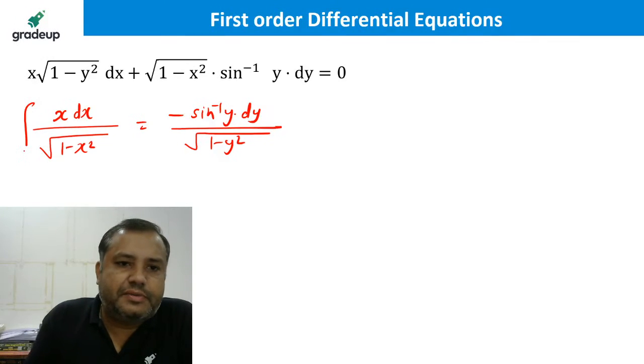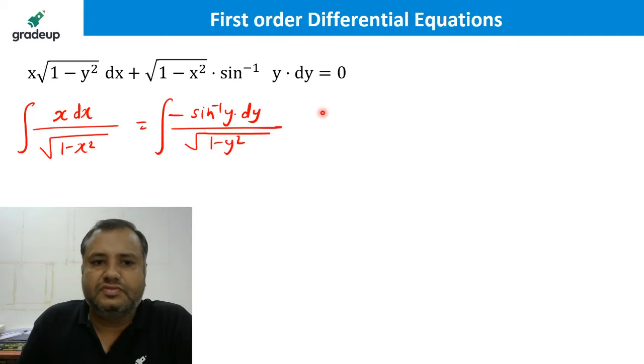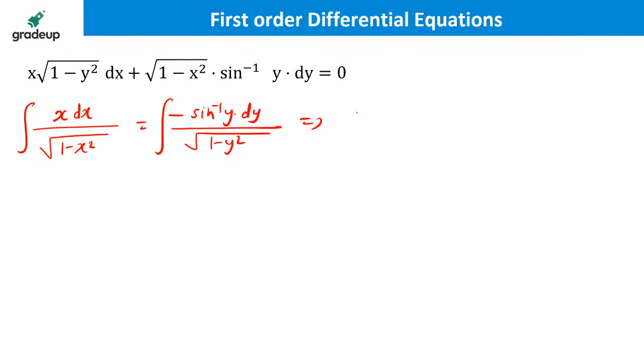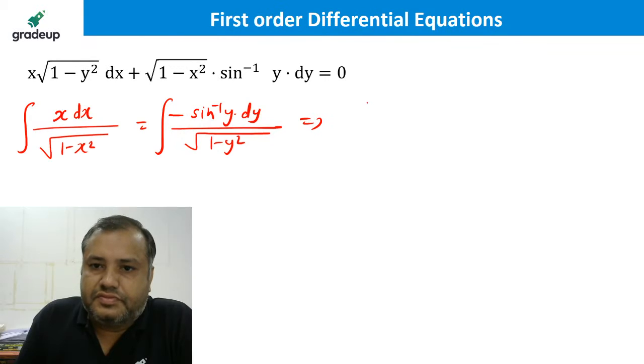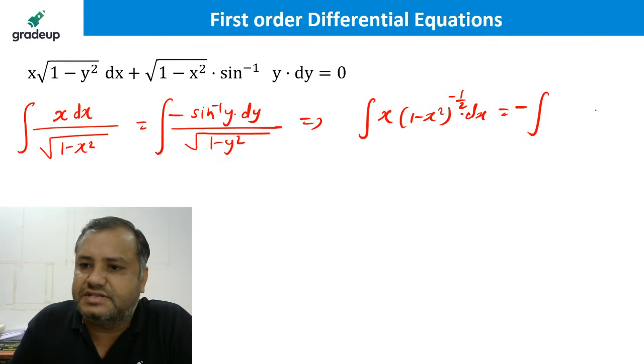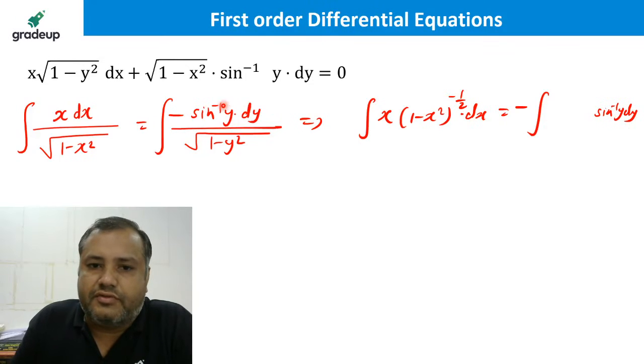Now you can integrate both sides. So once you integrate, what do you get? This square root is brought to the numerator, so its power will become minus 1 by 2, dx equal to minus sign out, sin inverse y as it is, and 1 upon root 1 minus y square.